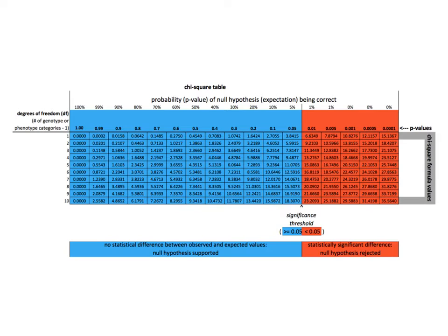So here's our chi-squared table. And remember, our chi-squared value was approximately 1.29 with degrees of freedom equal to 1. So we look in the column here on the left until we find the row that has the number of degrees of freedom that we're looking for. So degrees of freedom is 1, so we're going to be focusing entirely on the top row of this chart.